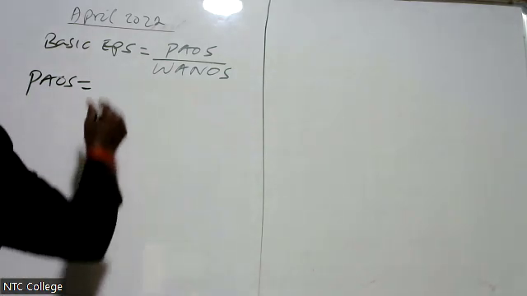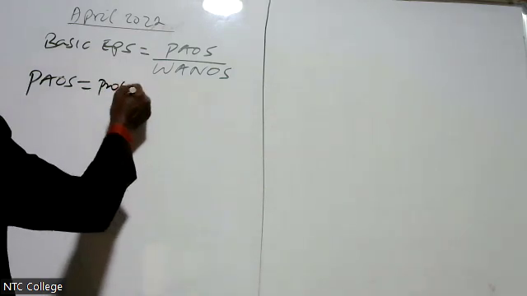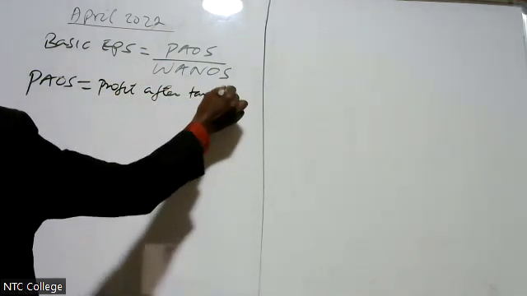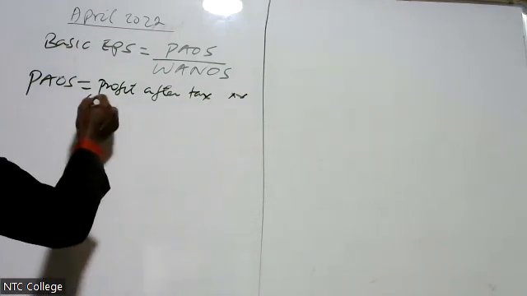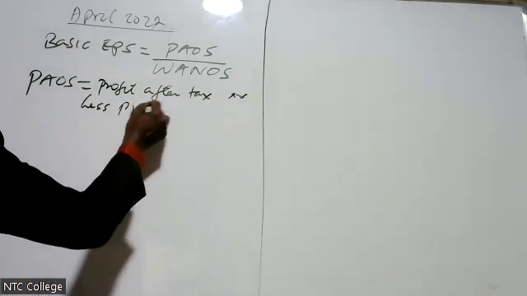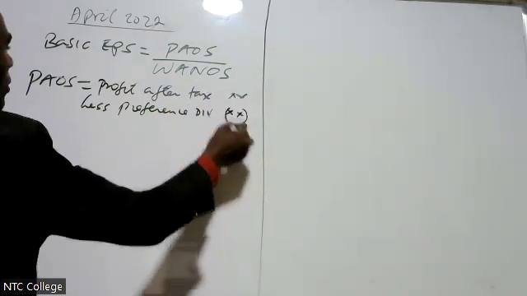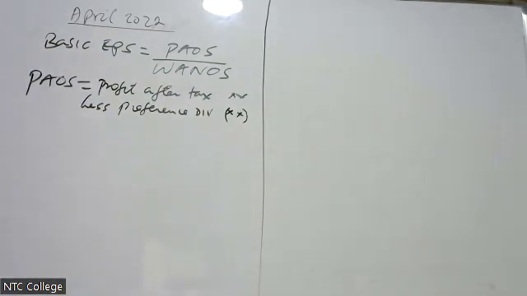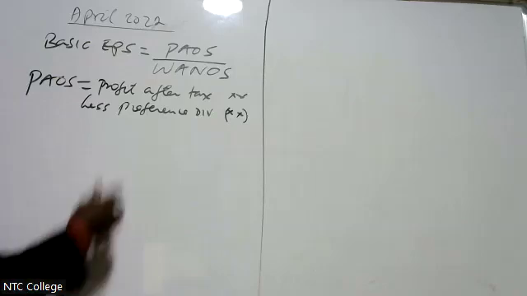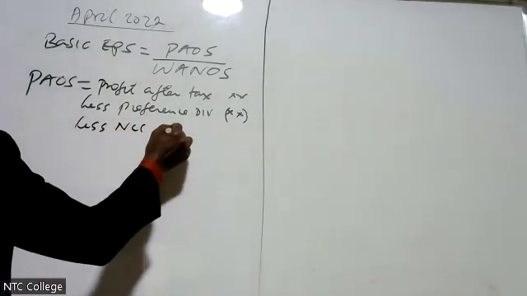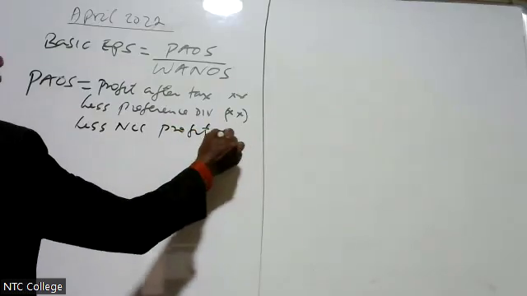Earnings equals profit after tax, less preference dividend. That is what the teacher told me in NTC when I was learning online. Then I also come to less NCI profit if it is there.